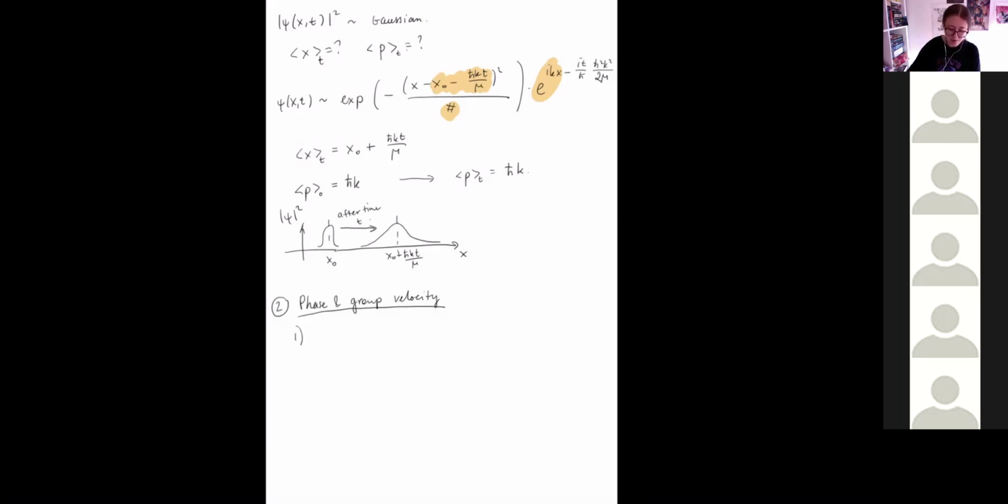The first velocity is the velocity of a wave packet as a whole.